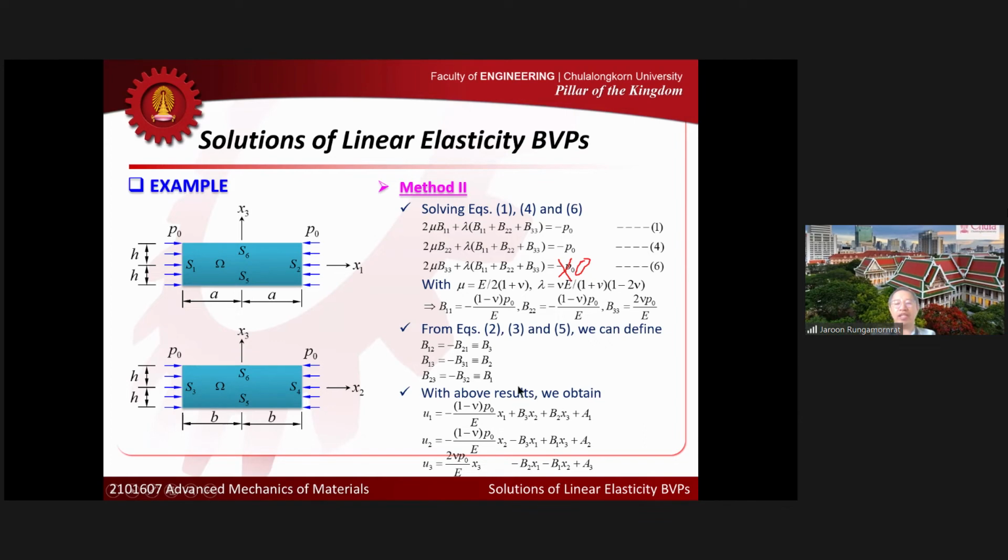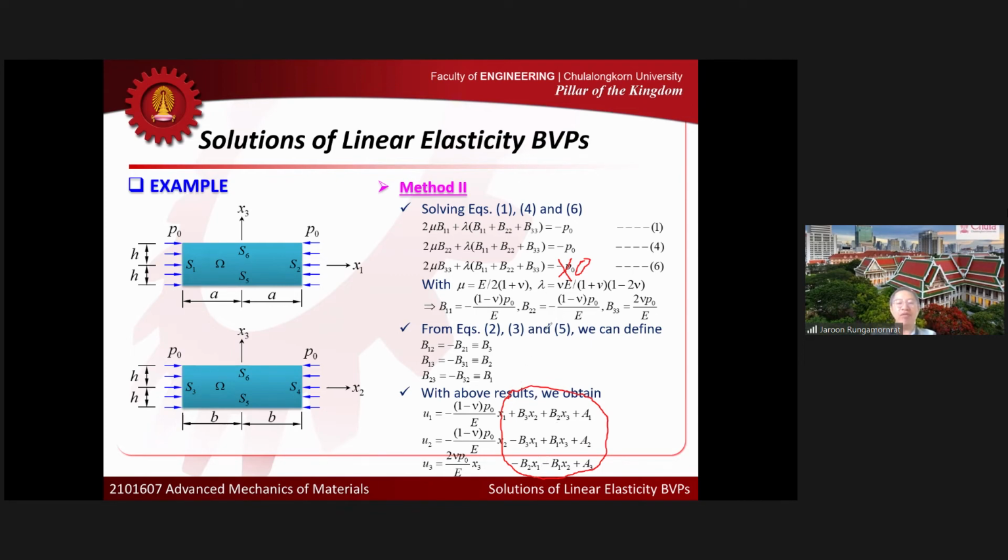If you investigate the last group of terms carefully, you will see that all of them simply represent rigid body motion. A1, A2, and A3 represent rigid translation, and B1, B2, B3 represent rigid rotation, right?